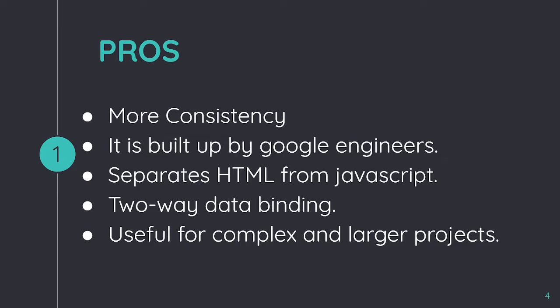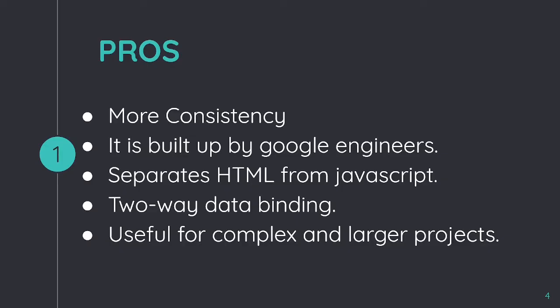And the third one is that it separates HTML from JavaScript. Since it uses TypeScript, it separates HTML and JavaScript. So it increases the clarity. Okay. Then next is two-way data binding. So what is two-way data binding?